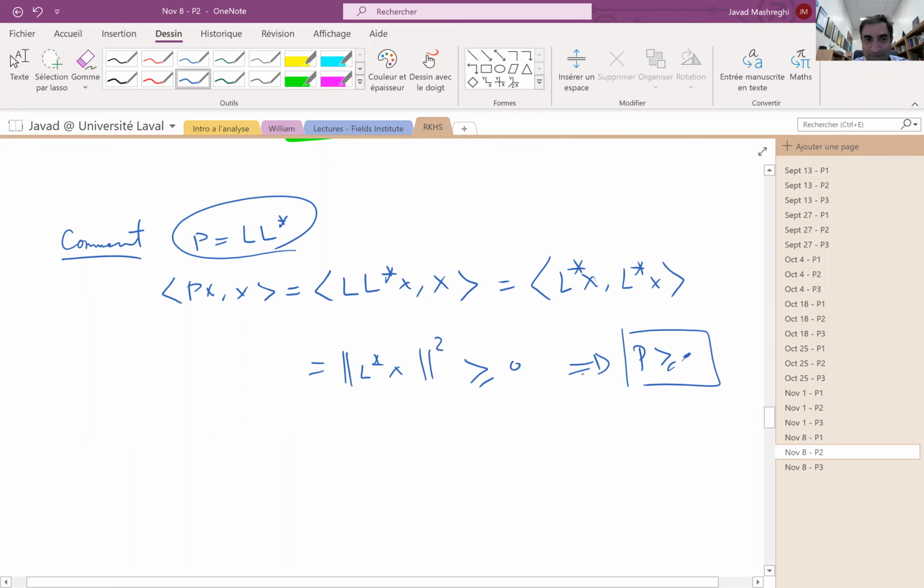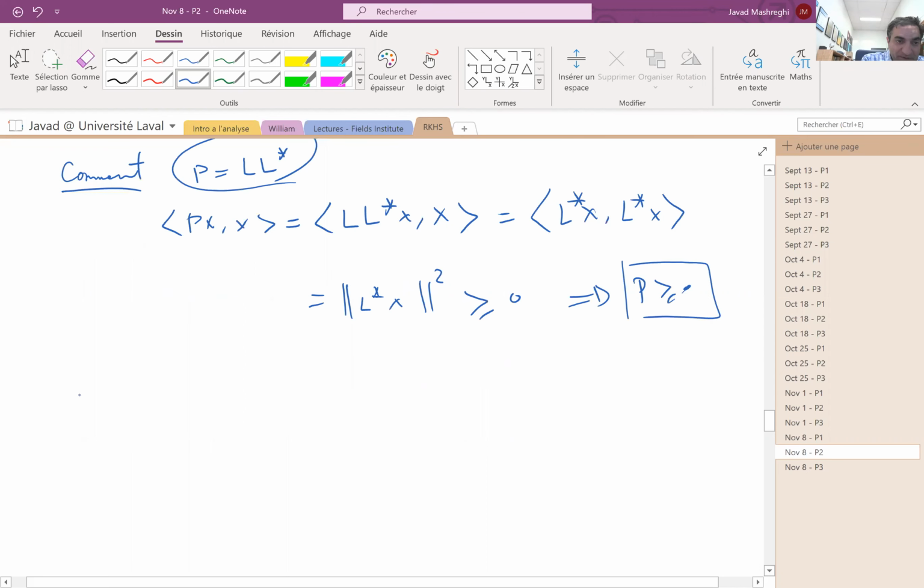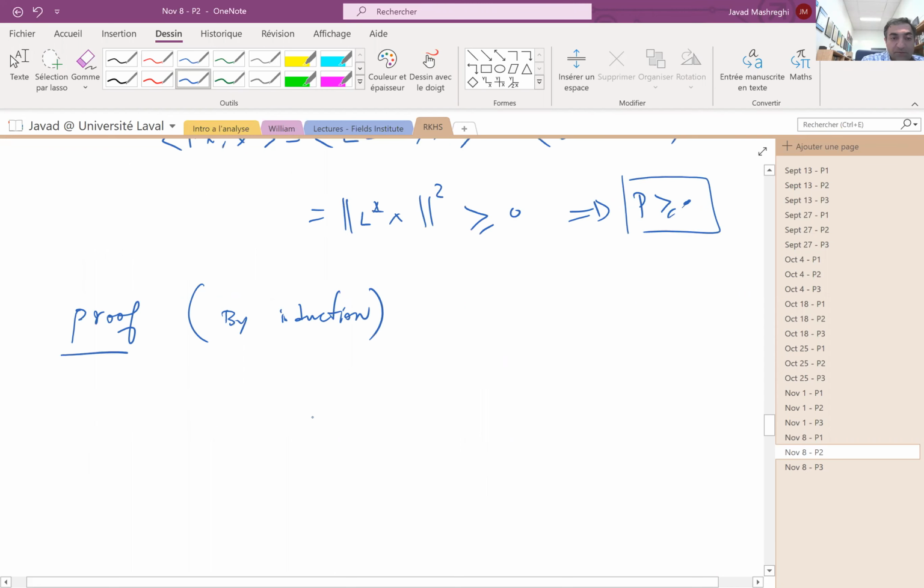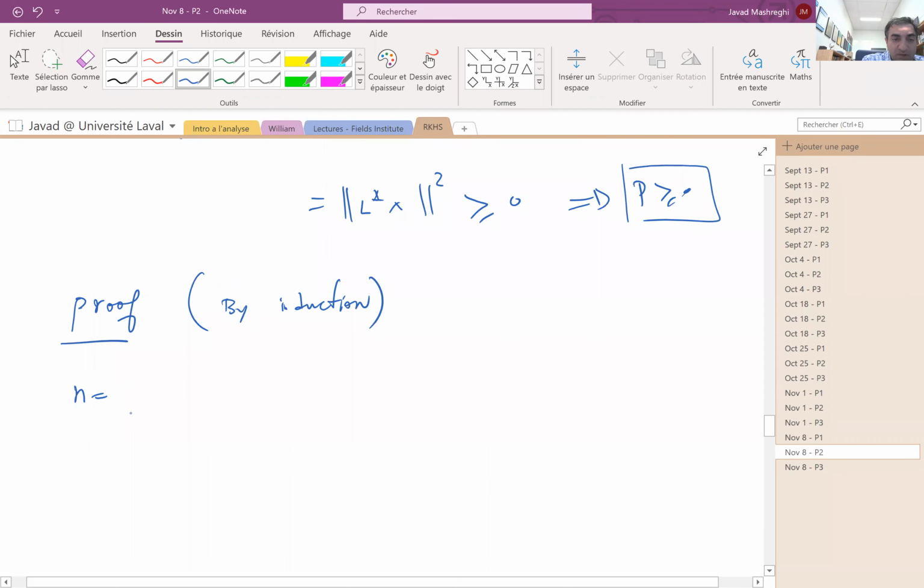The reverse order is important, and we do this by induction. If P is a 1 by 1 matrix, just one element here, P positive is equivalent to that component being positive.